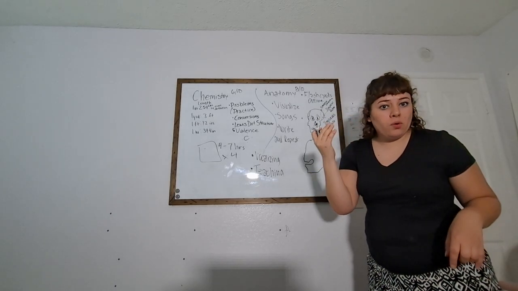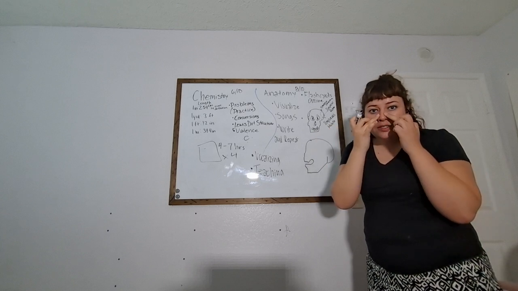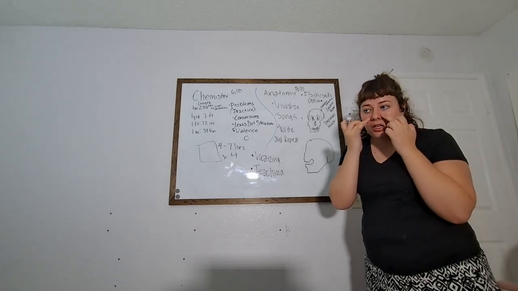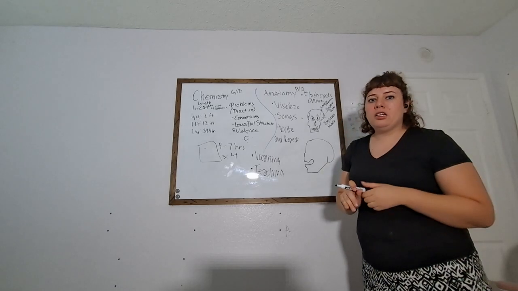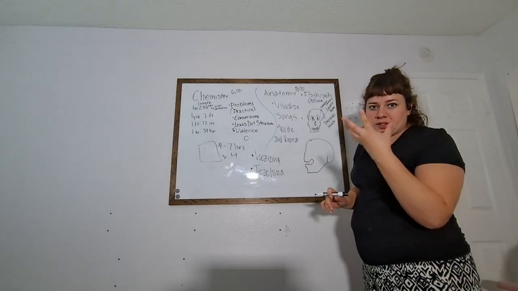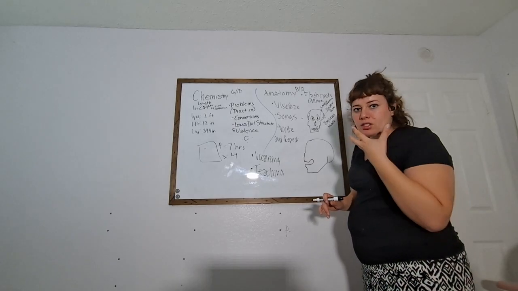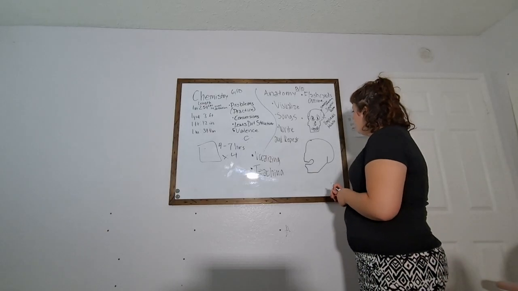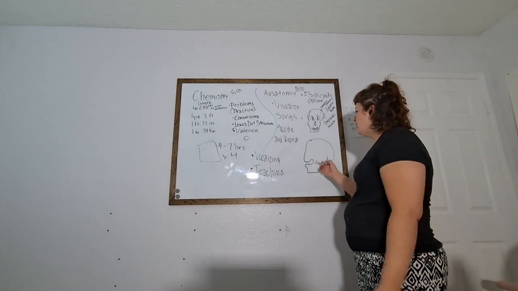You have a bunch of holes in the ear. Sphenoid, ethmoid, just bones in the face basically are attached. And then you're gonna go over here. So yeah, that's how I memorize it.